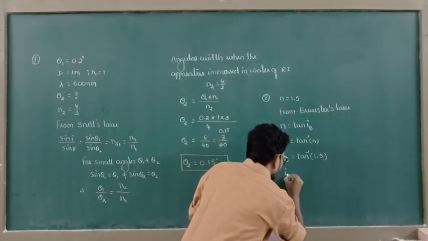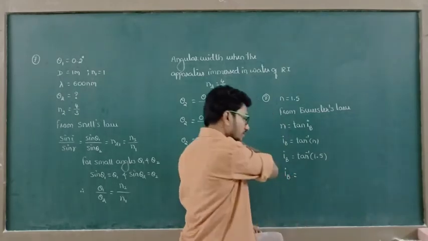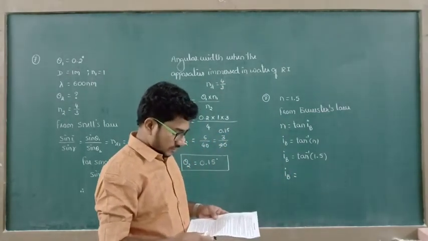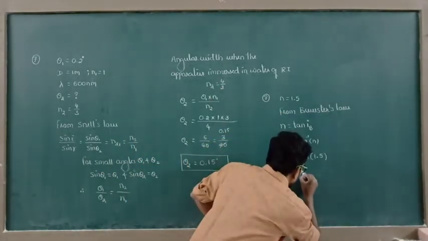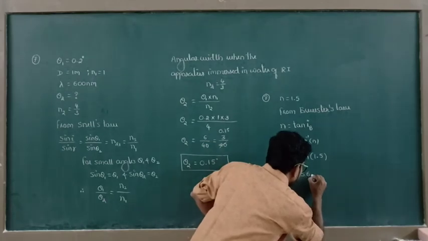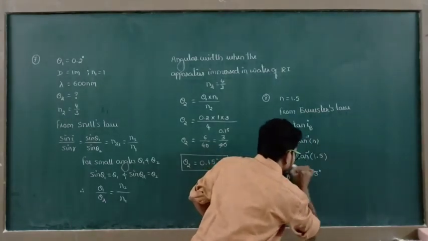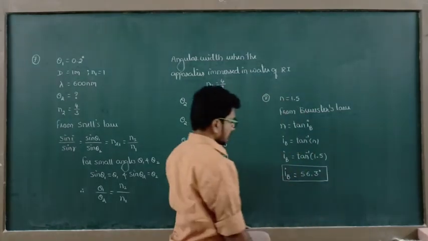Then IB is equal to, search this value in natural tangents, you will get the answer. So approximately here you will get 56.3 degree. That is Brewster's angle.